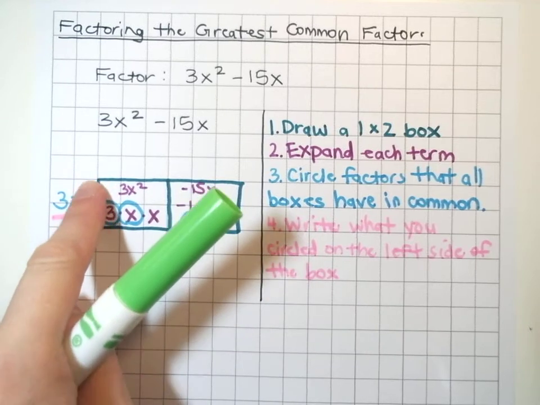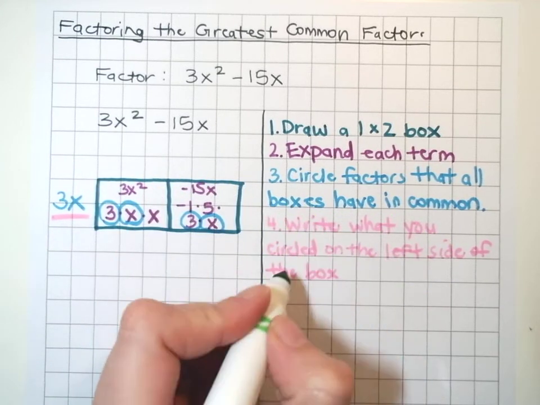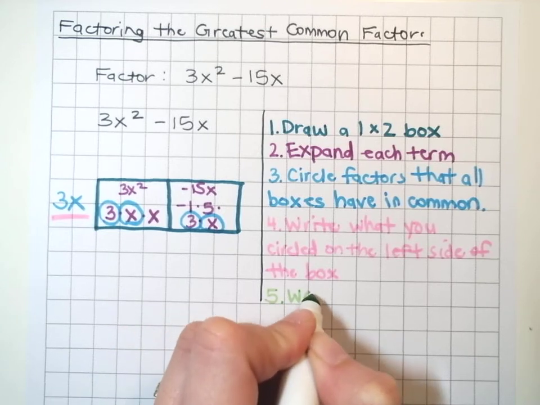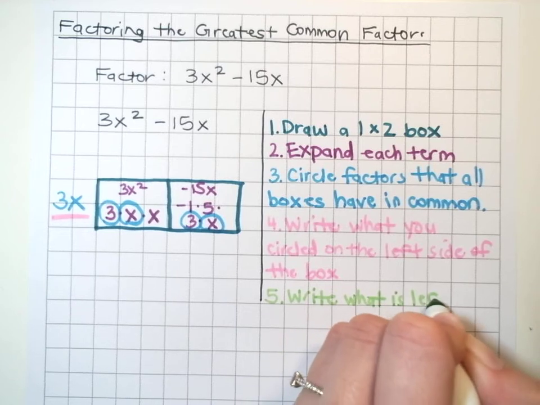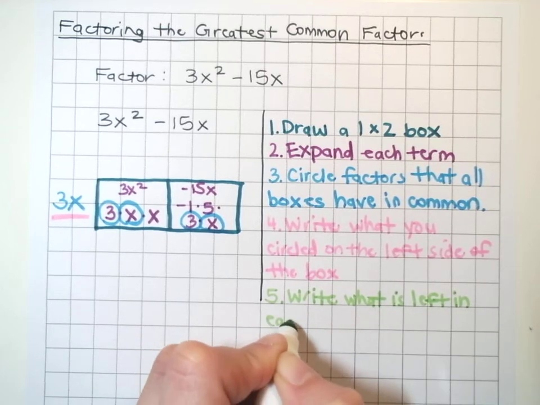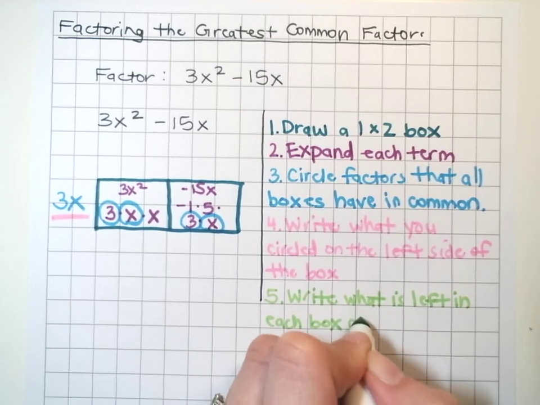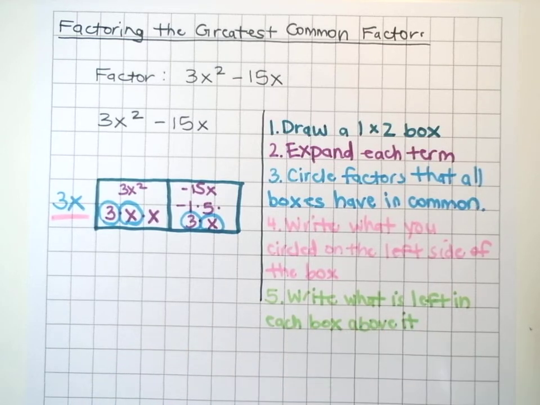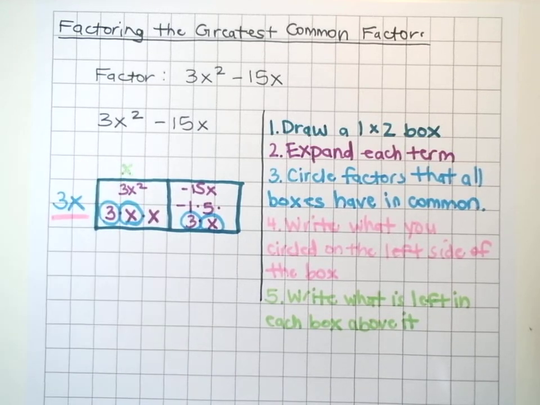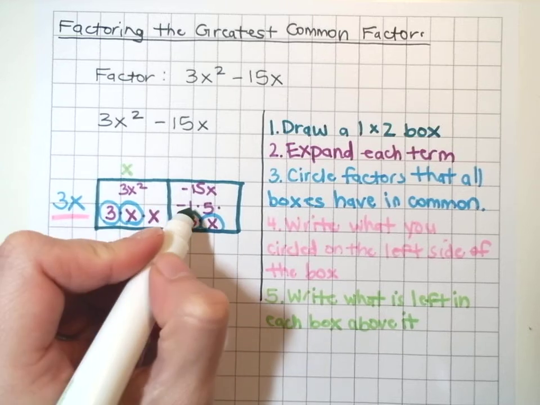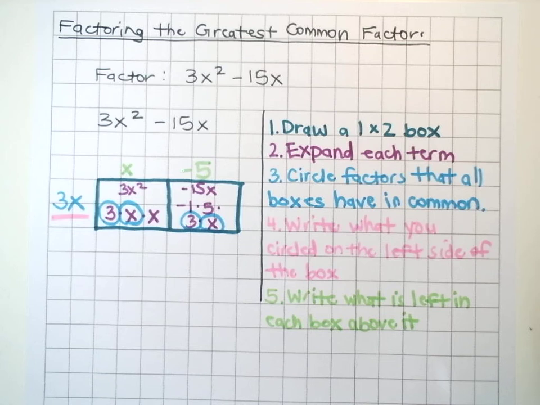So we now know what this side is. To get this side, it's going to be whatever is left over in each box. In the first box, the x is not circled. That means the x is going to go on top here. And then we have a negative 1 and a 5, so we multiply those together, and negative 5 goes on the top right there.